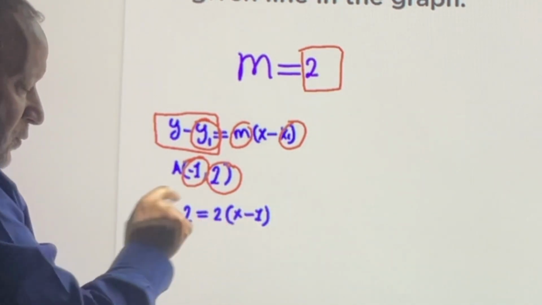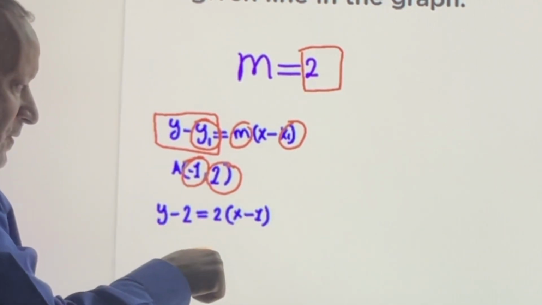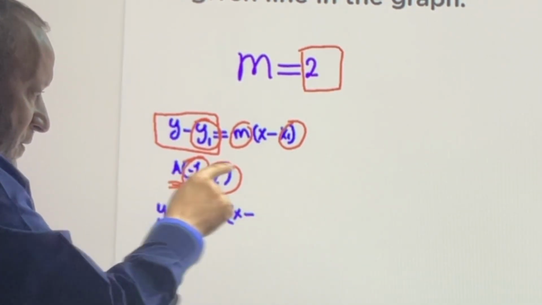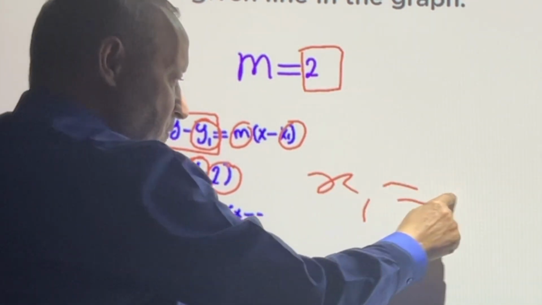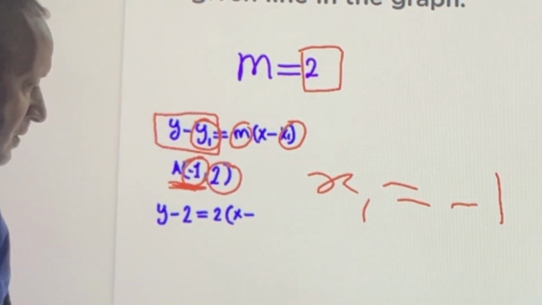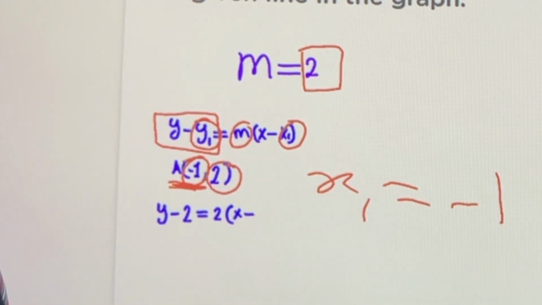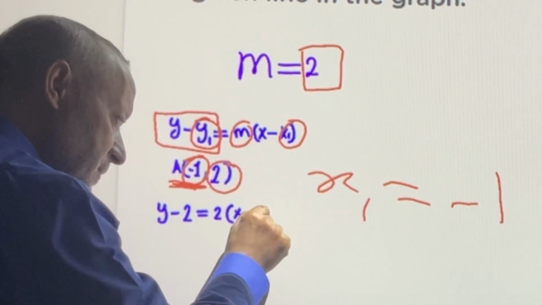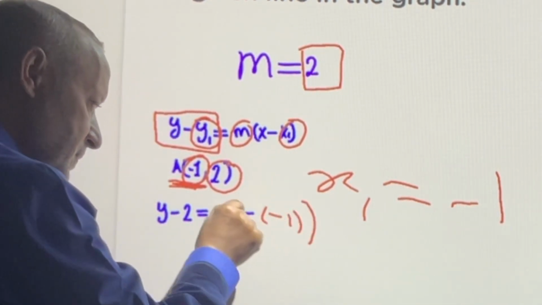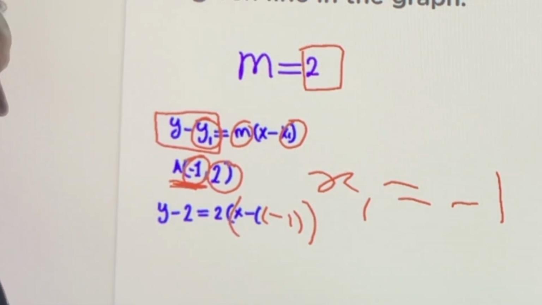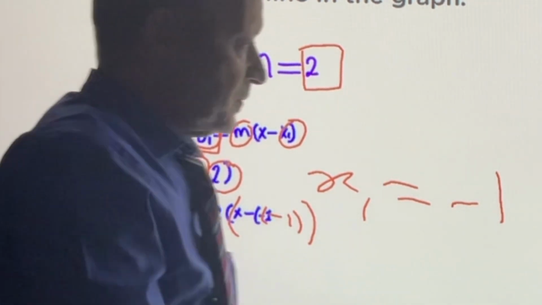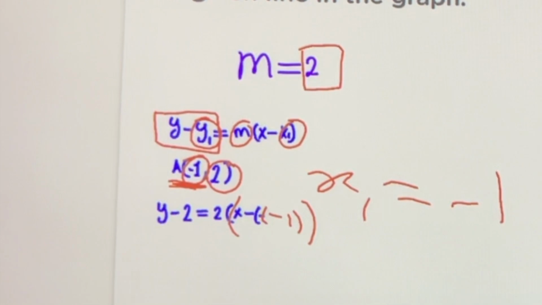You put -1. It has to be minus x1 as it is. x1 is negative 1, so minus negative 1. Like this. Okay? We are nearly there.